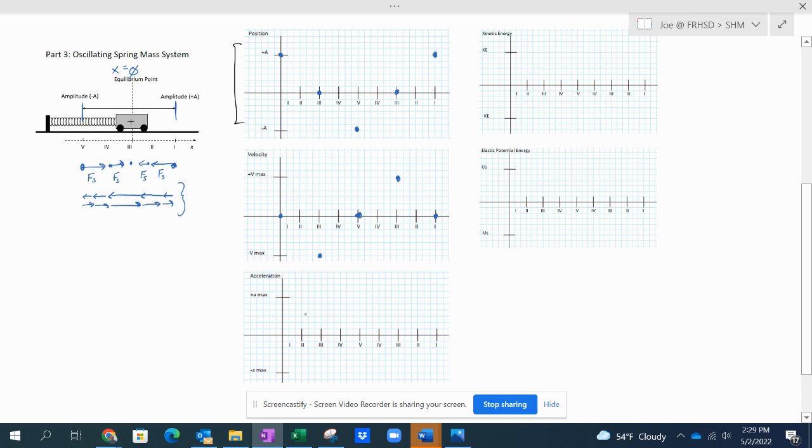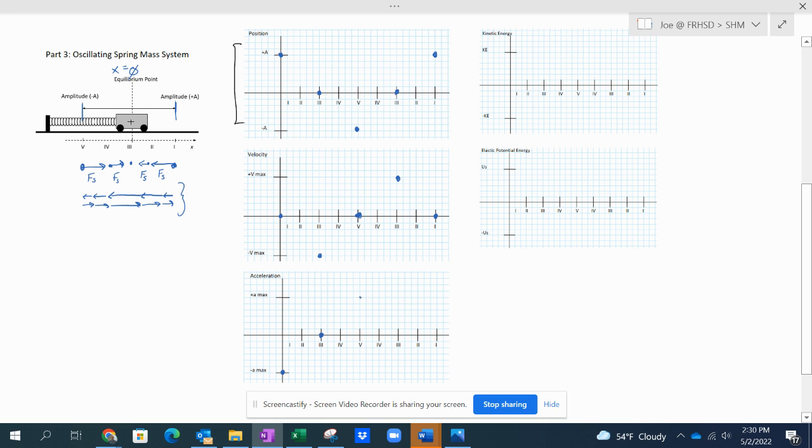The acceleration, if we look at the unbalanced forces, the acceleration at the positive amplitude is pulling to the left. That's going to be the maximum force going to the left, which means the acceleration is going to be at a maximum value too. That acceleration is going to drop to zero when the spring is neither stretched nor compressed.